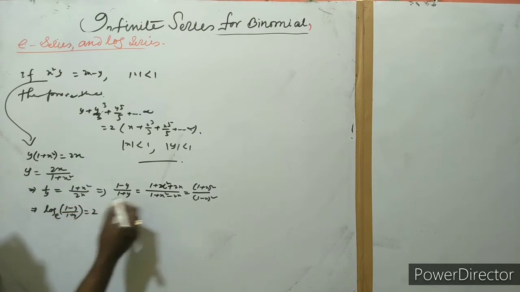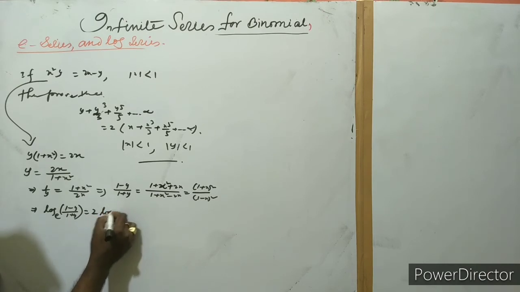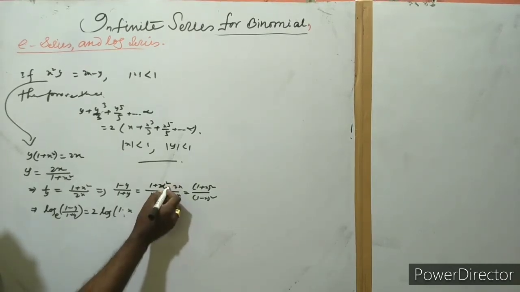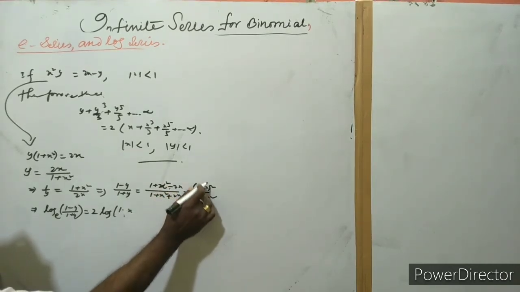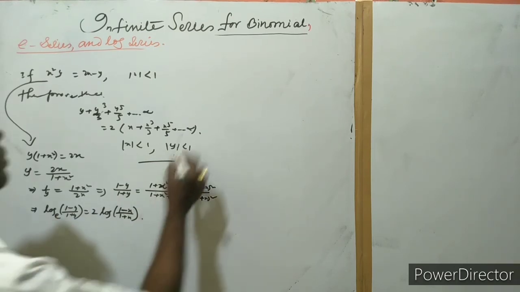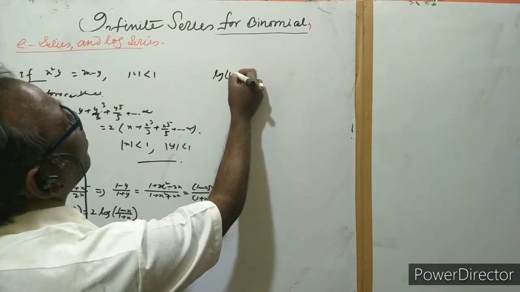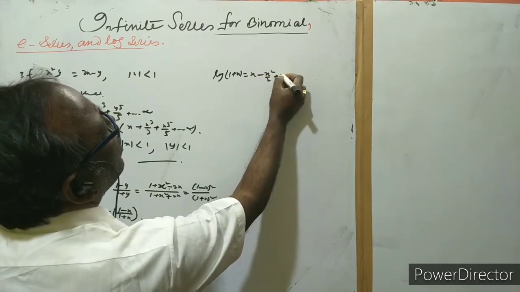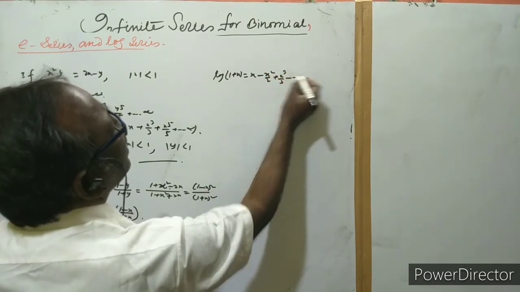Okay, see, then take a common here. This is log of 1 plus x, this is 1. Now, for the log series, 1 plus x is x minus x square by 2, plus x cube by 3, okay?